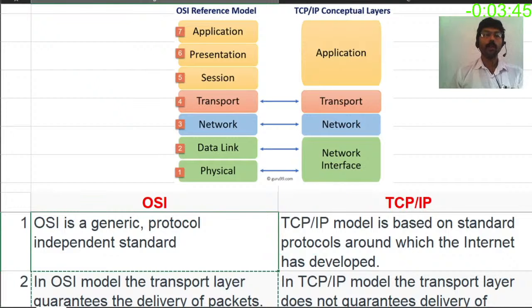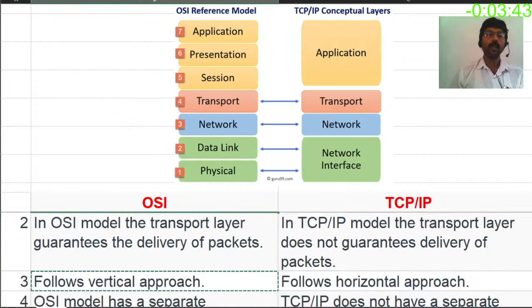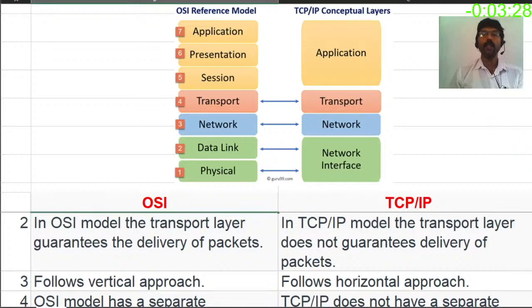In the OSI model, the transport layer guarantees the delivery of packets, that means packets are delivered appropriately. In the TCP/IP model, the transport layer does not guarantee the delivery of packets.